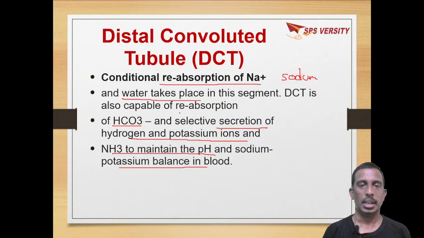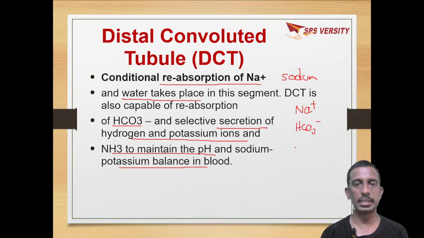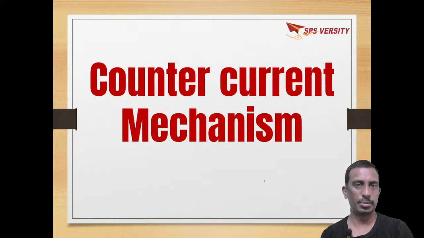So in the DCT, there is reabsorption of sodium, bicarbonate, as well as water. At the same time, there is secretion of H plus, potassium, and ammonia to maintain pH and sodium potassium balance.